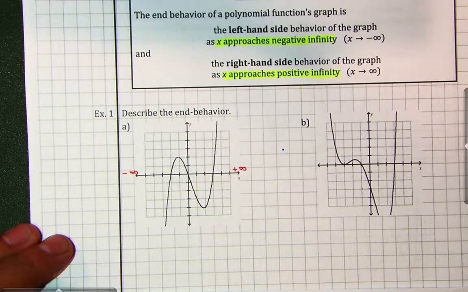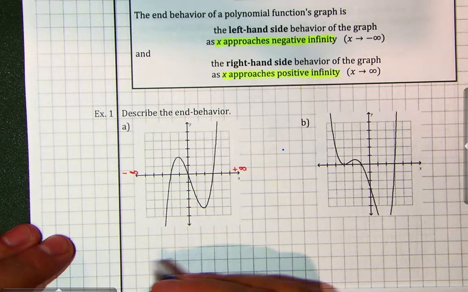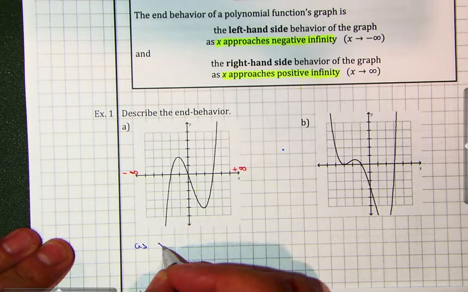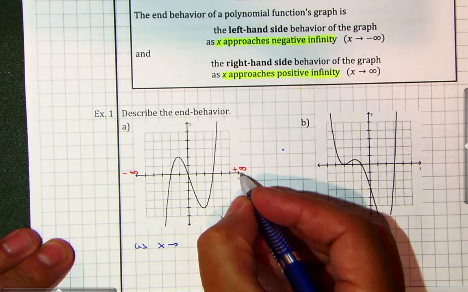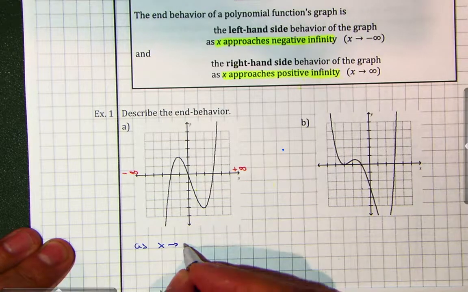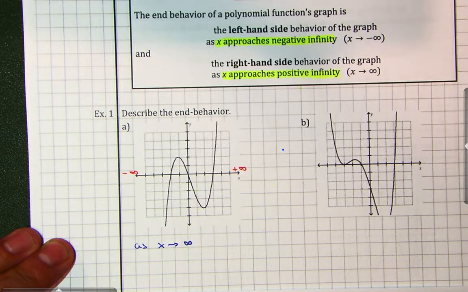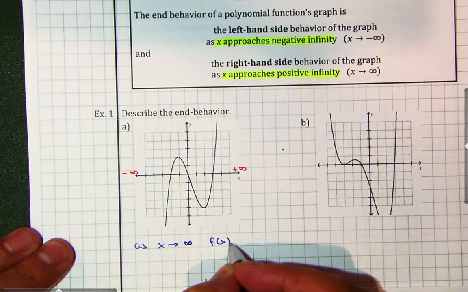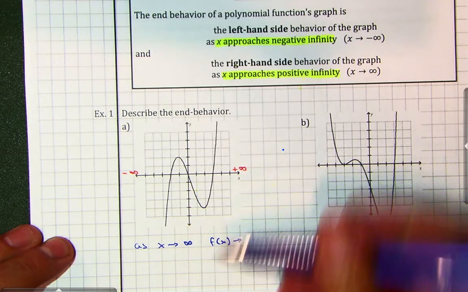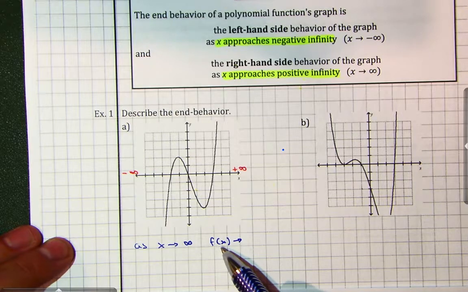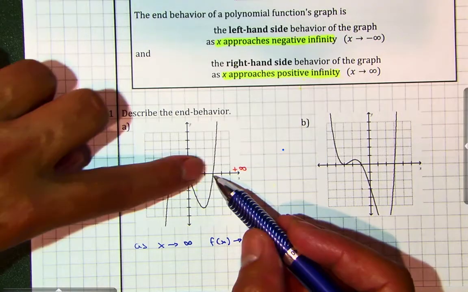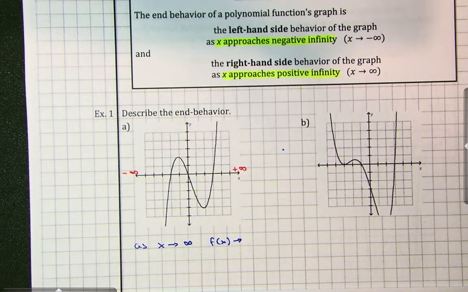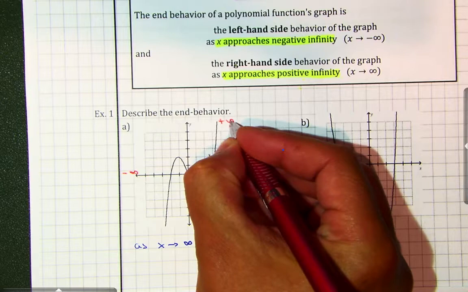There are two ways that we can write it down. We're going to say, as x approaches positive infinity, then f of x is going to approach, remember, f of x stands for the y value. As we go towards the right, the y value continues higher and higher. So therefore, it's going to approach positive infinity.